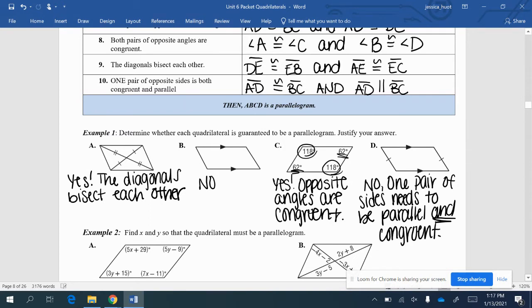So since they're showing us that one side is parallel and a different side is congruent, it is not a parallelogram. This side would have to be congruent to that side because it's parallel and congruent together to meet that last attribute.